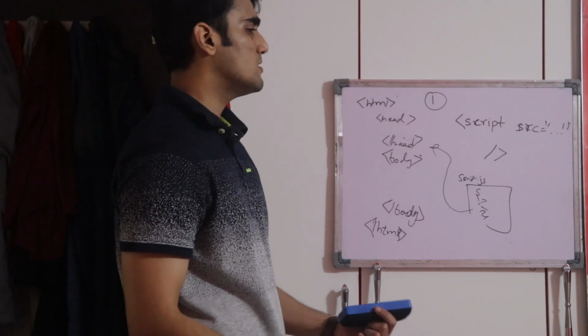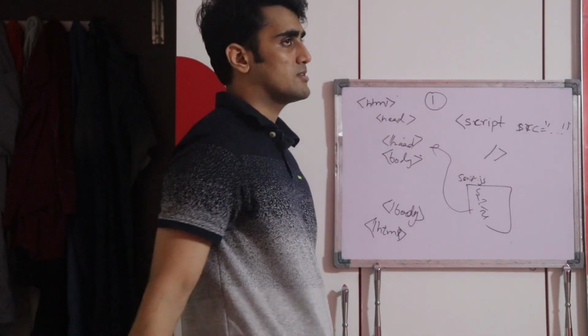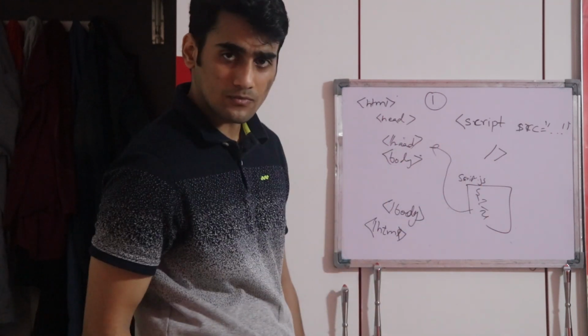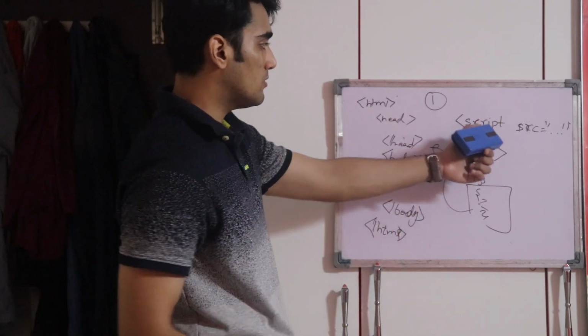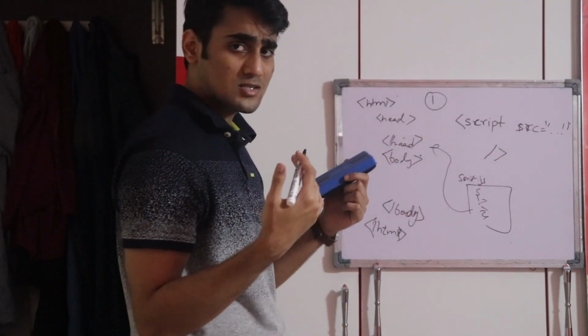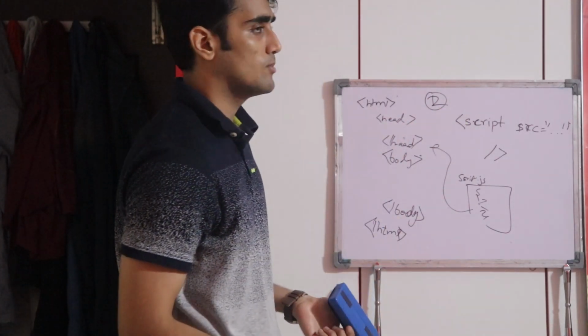This is a much cleaner, easier way, and we can have multiple scripts for different things and attach them one by one. The earlier approach was an internal script and this is number 2, an external script.